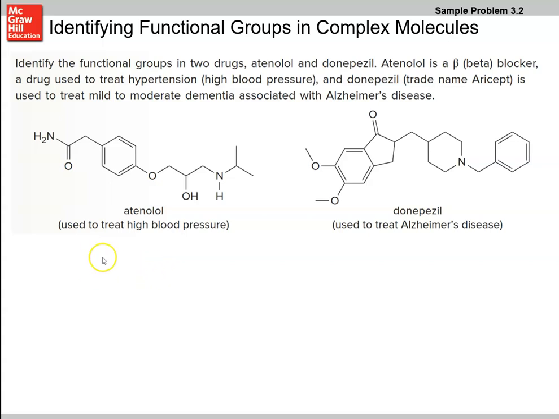A lot of times people will make the mistake of saying, oh, here's a nitrogen, so this is an amine. But notice that nitrogen is attached to a carbon that's directly attached to the carbonyl group. So this is actually an amide functional group. You can't parse them apart so much that you miss some of the whole of the functional groups.